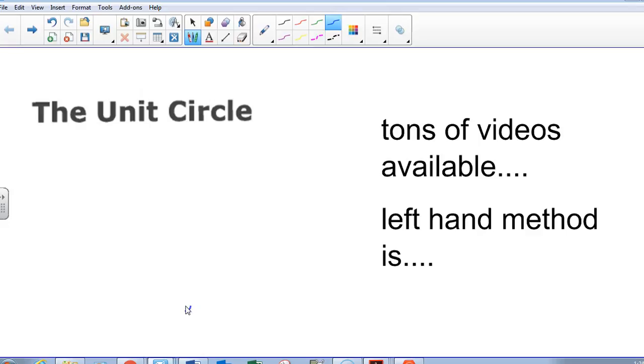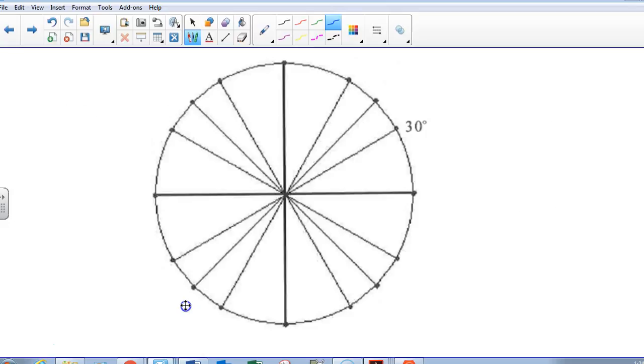There's a tricky method that uses your fingers for that, and I'm going to talk you through that. There are videos on YouTube, and all kinds of different ways to help you memorize the unit circle if you want to watch some.